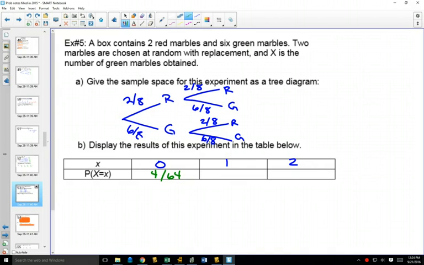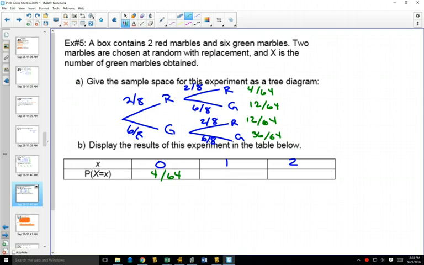Quite unlikely. To get 1 green marble, you can see that there's 2 cases. Either branch 1 with the green, or green first and then red. If we actually multiply these things out just so we have the data beside us here, you can see that getting the 1 green marble is 12 out of 64 plus the other 12 out of 64.